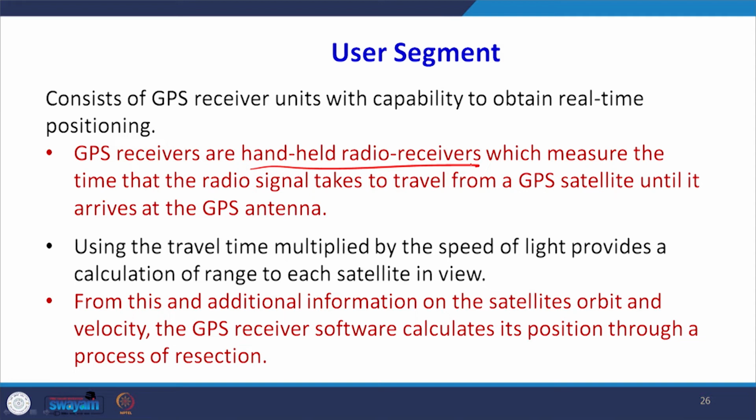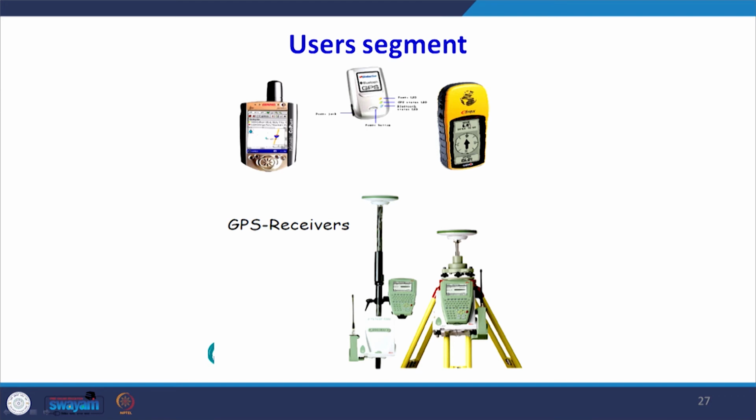From the additional information on the satellite orbit, ephemeris and the velocity, the GPS receiver in our hand can calculate its position through a process we call resection. So, we have a user segment which consists of the receiver.